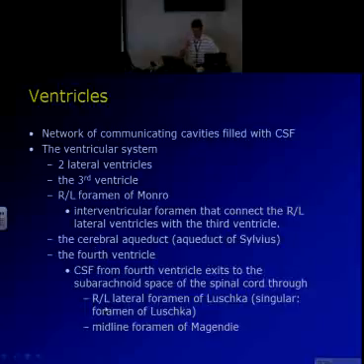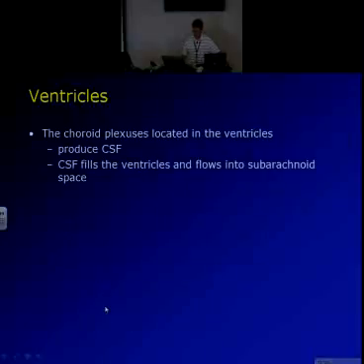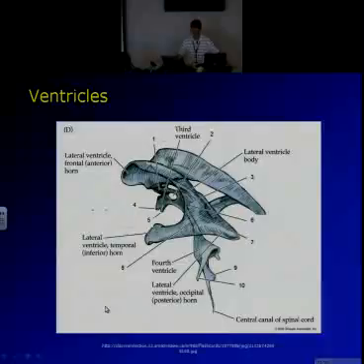There's two lateral ones, and then there's one in the center. So putting it in words is nice, but let's take a look at what all that really transpires. When you take the ventricles out, they do the mold, and as we said, everybody's probably seen this before. These are the lateral ventricles.